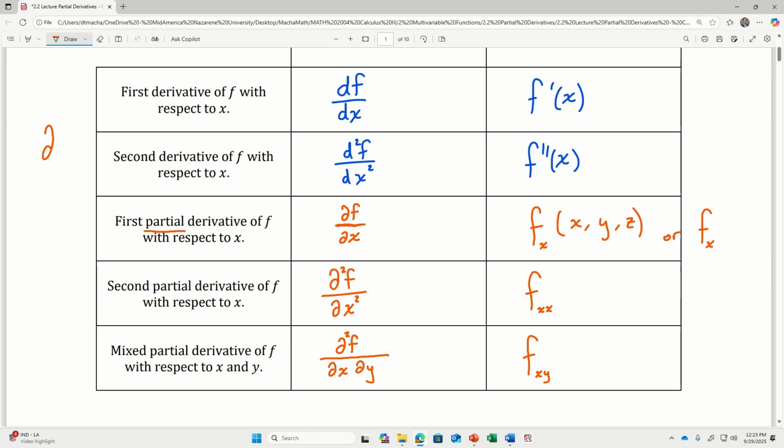I know we haven't talked about what this means yet, but I want you to know, if you see this notation, how you read this out loud, what it's called. Okay?